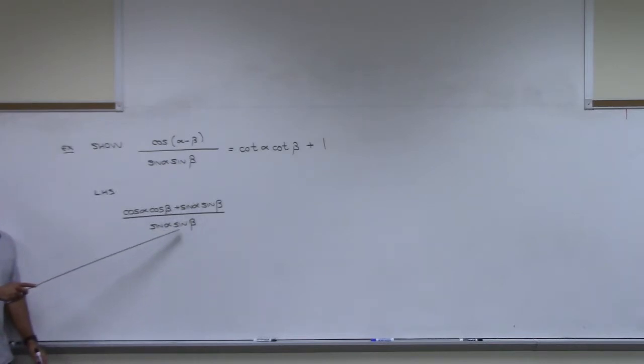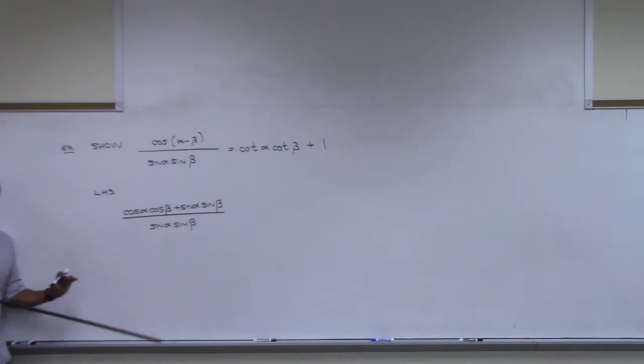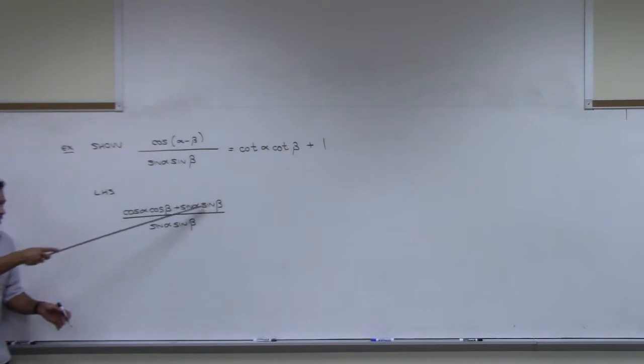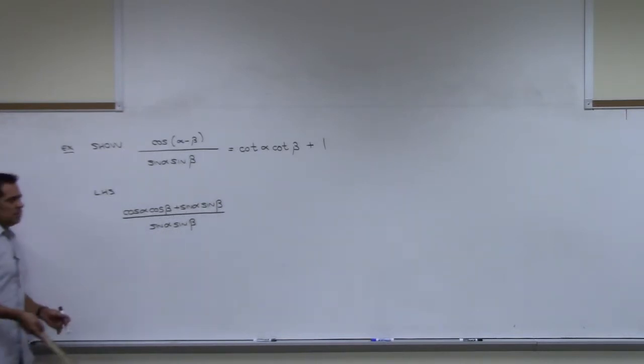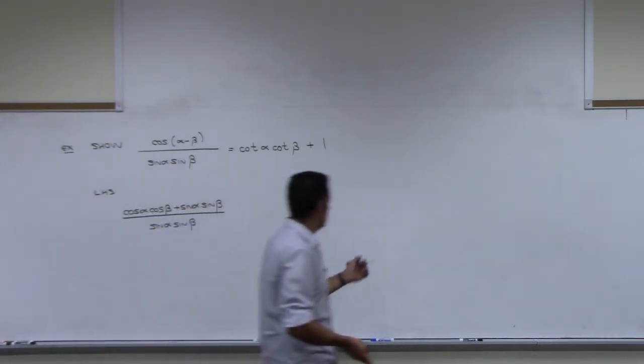These are the same, aren't they? Now you can't just cancel them like this though, because you have two numerators, you have a single denominator, right? You can split this into two fractions and then cancel, but you can't just cancel it like this right here. Does it make sense why you can't do that? Let's make sure it makes sense.